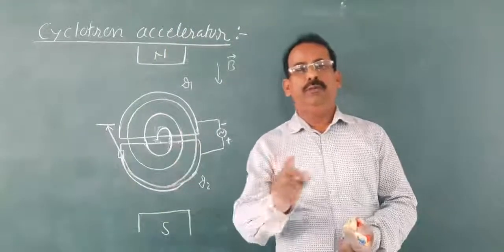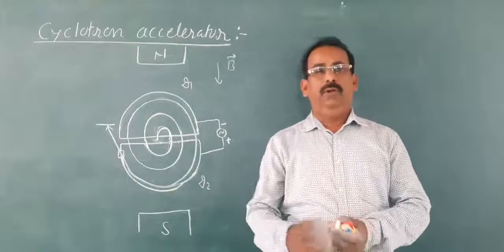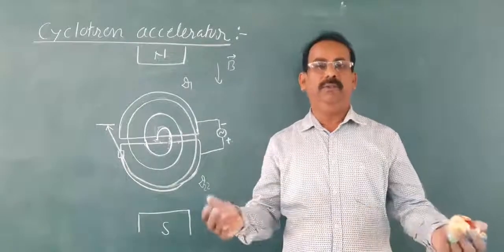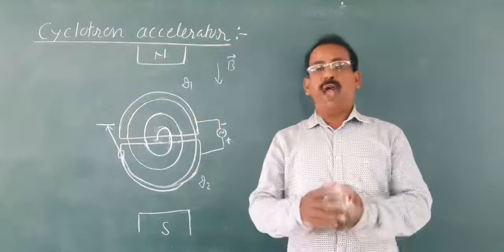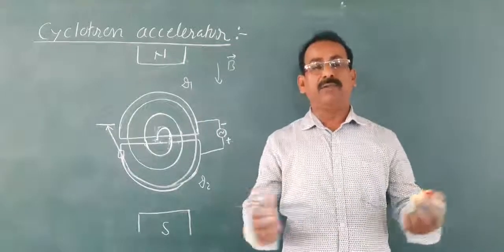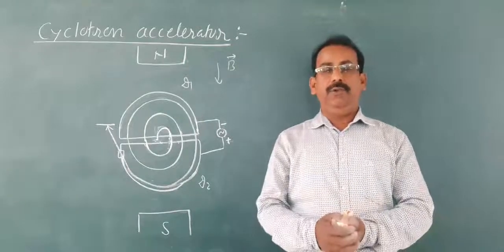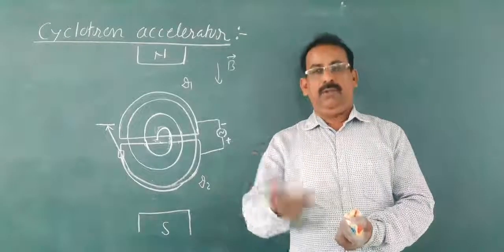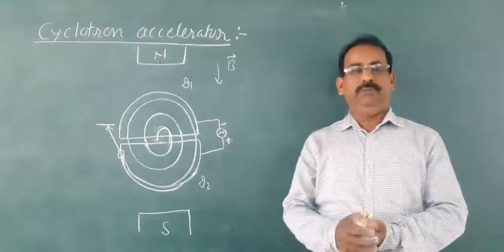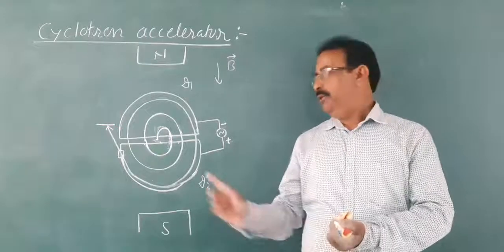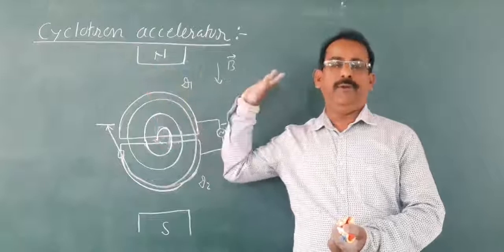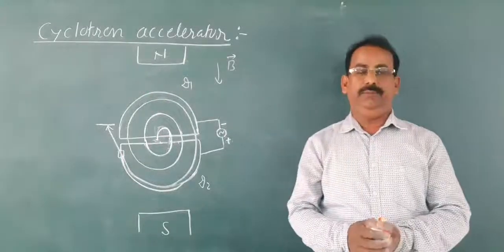At this moment, the energy gained by that charged particle will be maximum. This charged particle is highly accelerated so that it can carry out desired nuclear reaction. This is the working of this cyclotron accelerator.